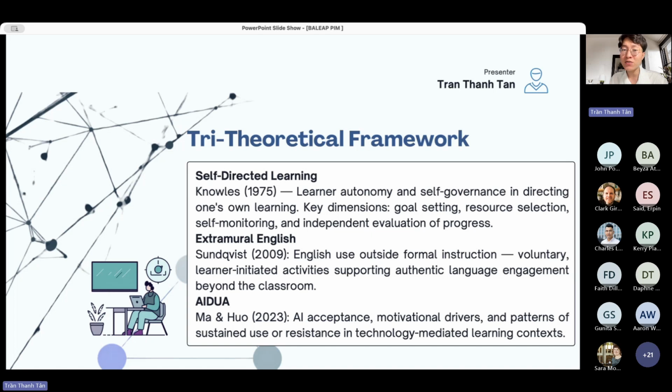As for extramural English, Professor Sundqvist proposed that it is English used outside formal instruction, including voluntary, learner-initiated activities that support authentic language engagement beyond the classroom. The final model, proposed by Ma and Huo in 2023, relates to AI acceptance, motivational drivers, and patterns of sustained use or resistance in technology-mediated learning contexts.